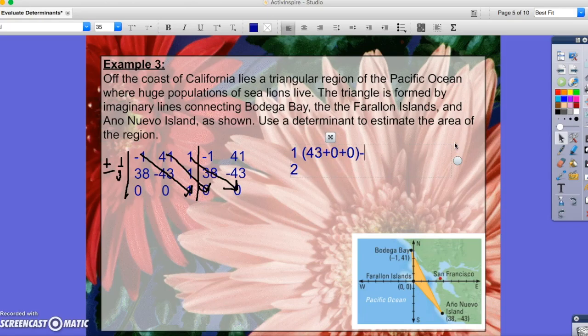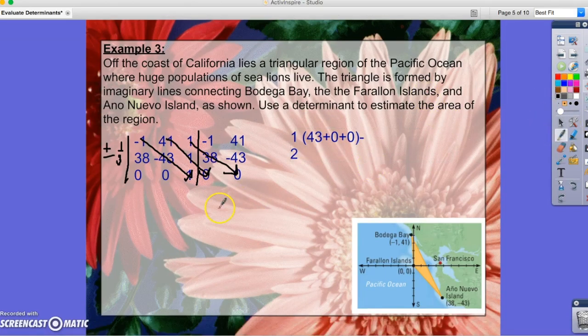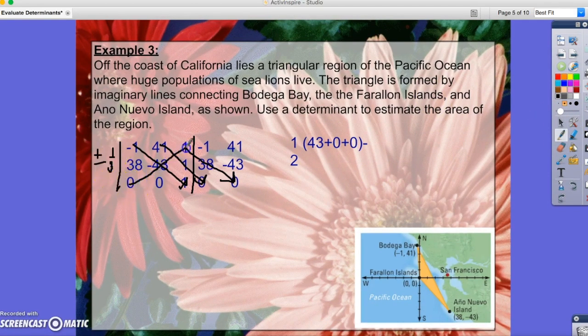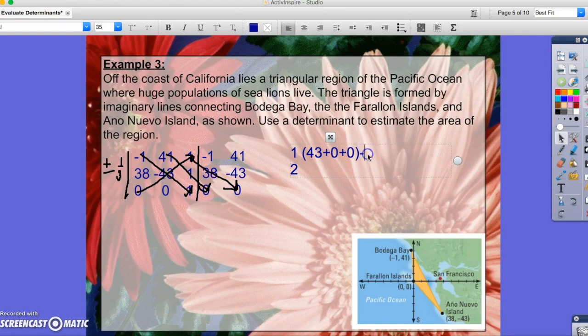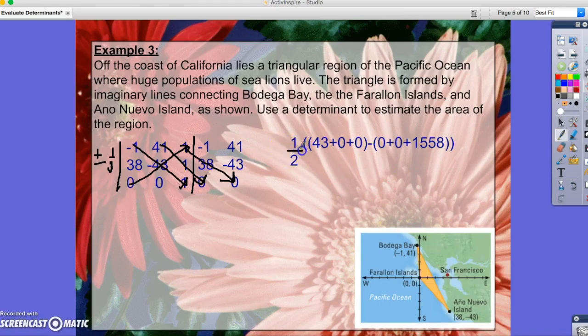We're going to subtract the other diagonals going up. So 0 times -43 times 1 is 0. Then we get plus 0 again, plus 1558. We'll put two sets of parentheses here, so we're going to evaluate that first. And here are my other diagonals.